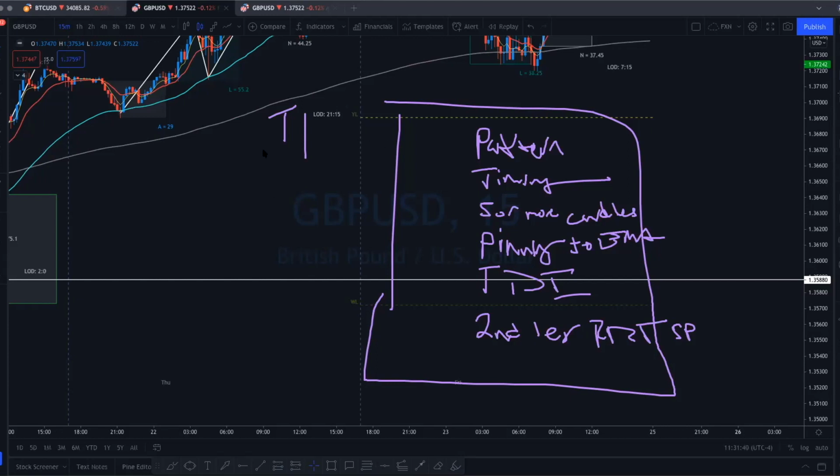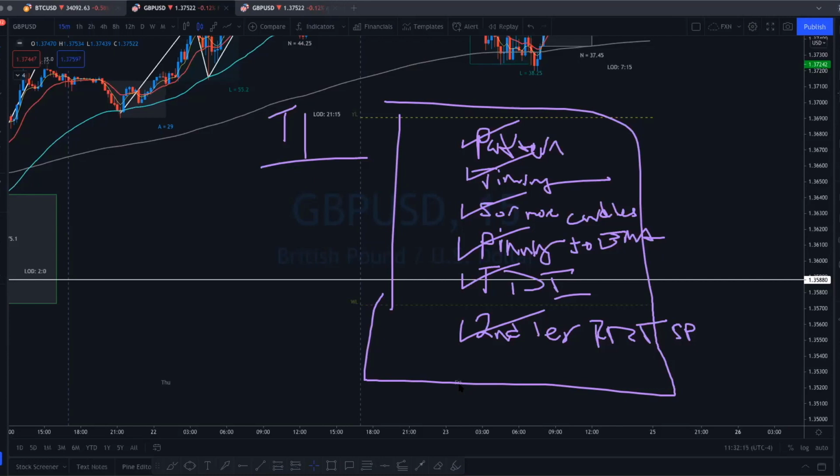If a type 1 setup that you're trading has the right pattern, the right timing, 5 or more candles between the first and second leg, they're pinning to an EMA, the TDI helps confirm, and then the second leg gives you a railroad track or a star pattern. That's 1, 2, 3, 4, 5, 6 things right there that are helping you confirm that a trade setup is good.